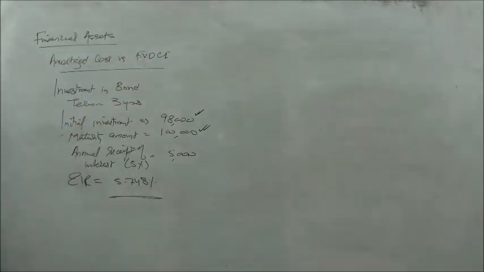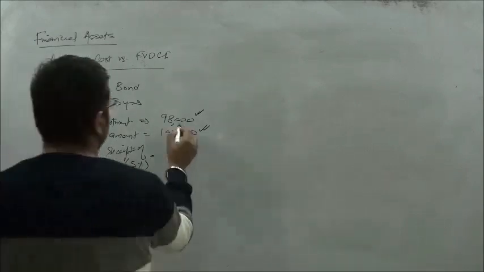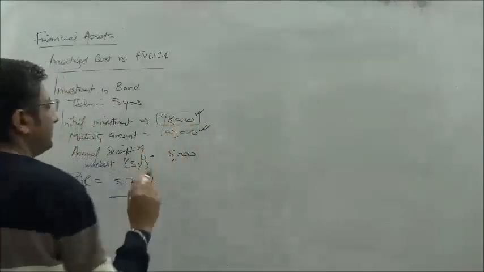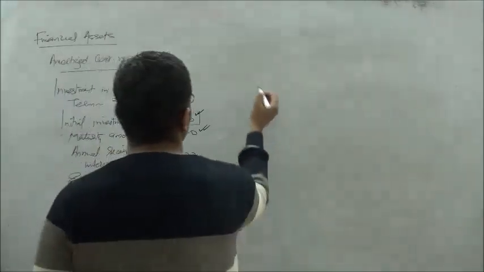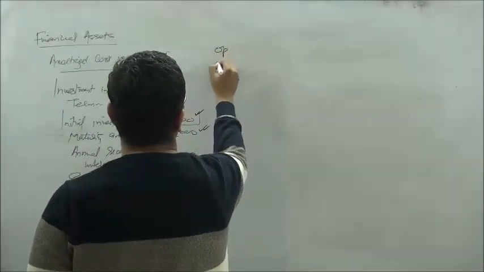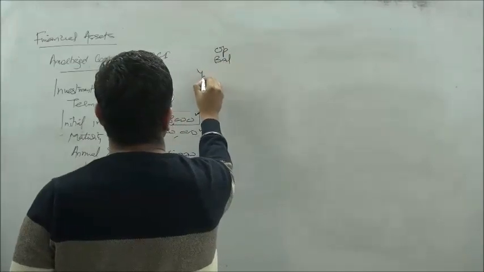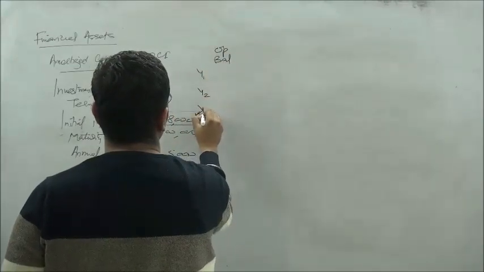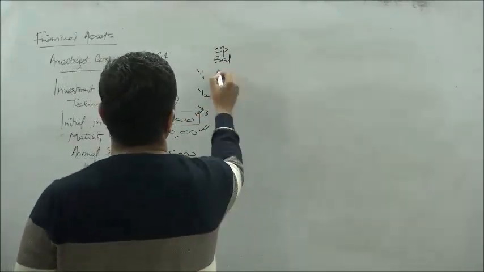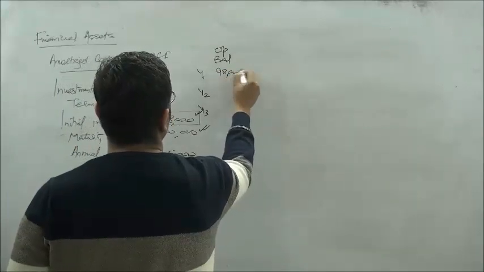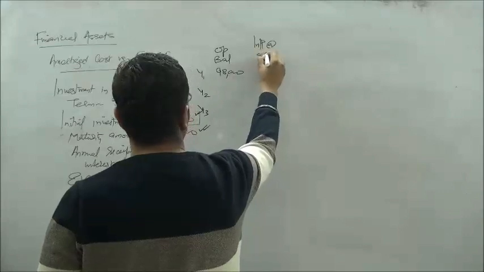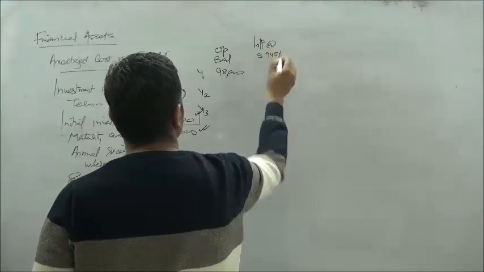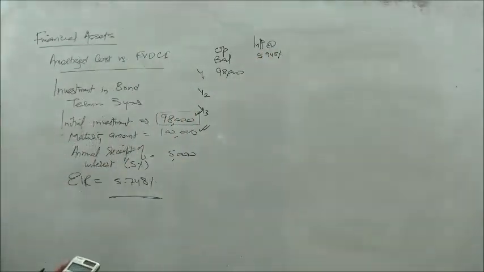We are saying that my investment is 98,000. Okay, so if I were to create a chart here, I'm saying my opening balance year 1, year 2 and year 3, this comes at 98,000. My interest income at 5.748%.